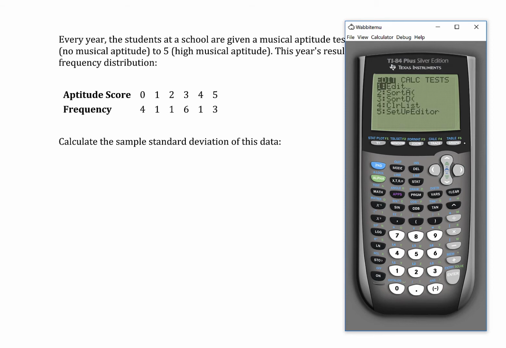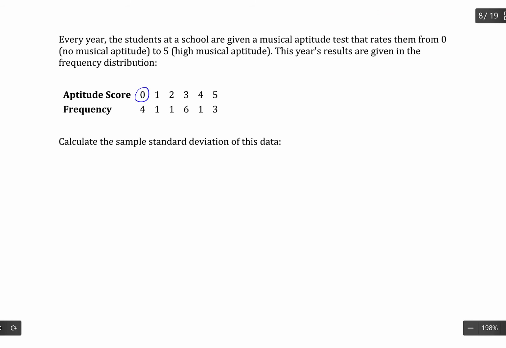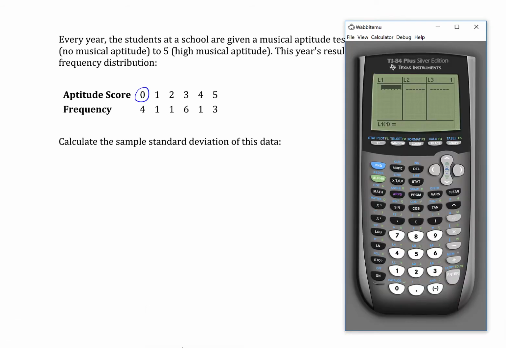by putting data into L1, I'll go into my list editor, and the thing I have to pay attention to is I have a student's aptitude of 0 four different times. So I would need to put the value 0 in 4 times.